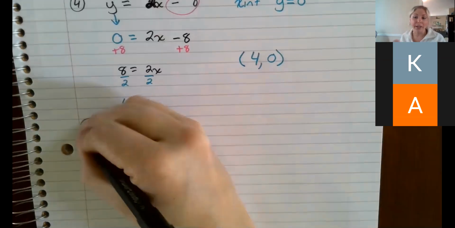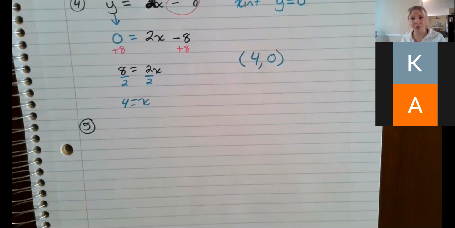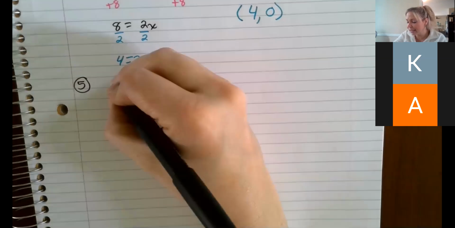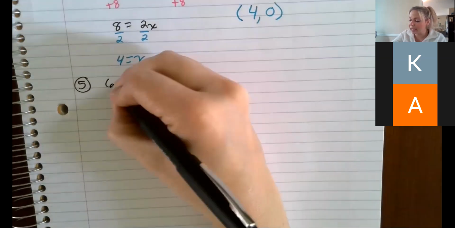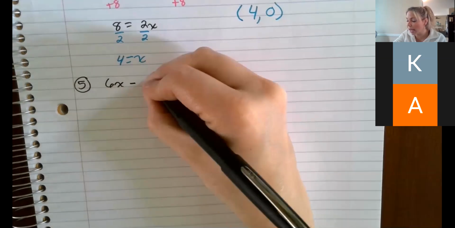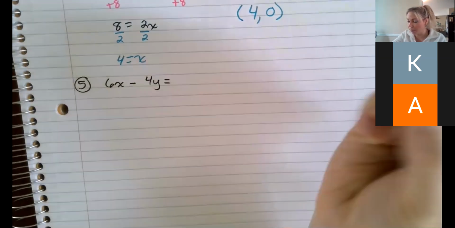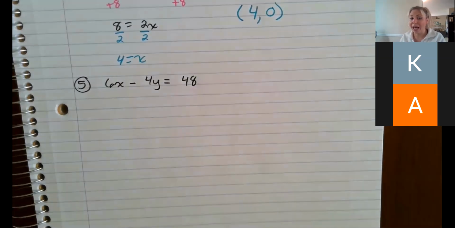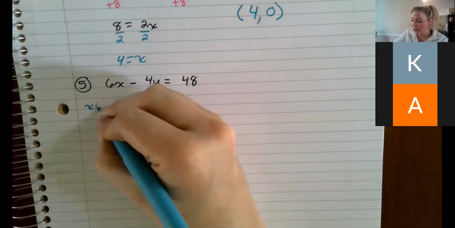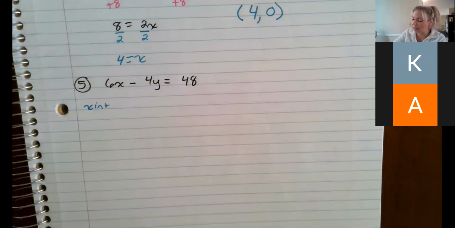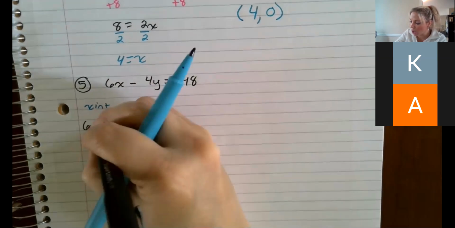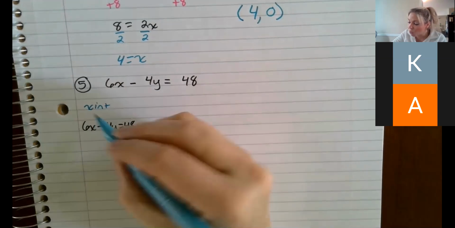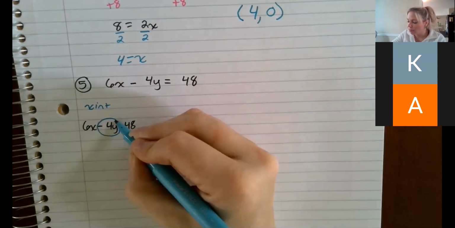The easier one, I think, personally, is finding your intercepts when it's in standard form. So if we've got a problem like 6x minus 4y is equal to 48. Again, if you want your x-intercept, that means the y is gone.